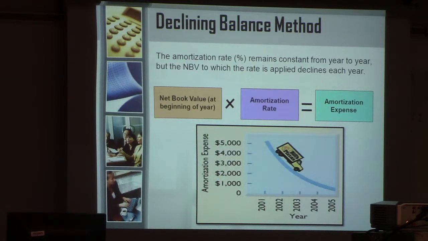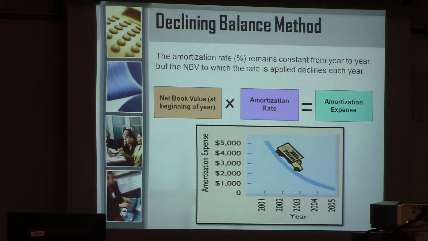Then you've got declining balance. In the declining balance method, you're using a percentage. You're taking the net book value, which is, as you know from the previous slide, the original cost of the asset minus accumulated amortization, and you multiply that by the amortization rate, and you get an amortization expense.